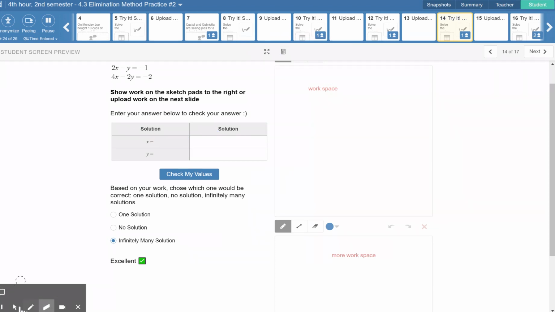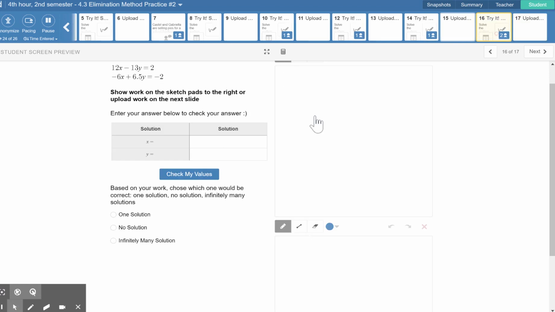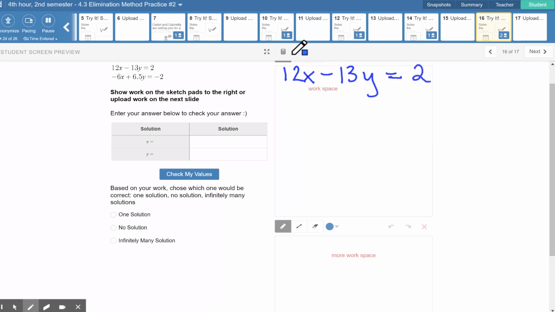And then the last slide, slide 16, we're going to do the exact same thing. Now, it's okay that that y coefficient is a decimal in the second equation. It does not matter. Now, if you guys are getting better at this and realize that you just have to multiply the second equation by negative 6, that would be fine.